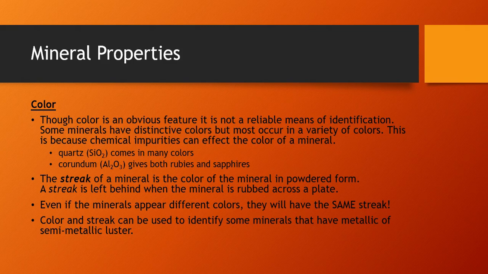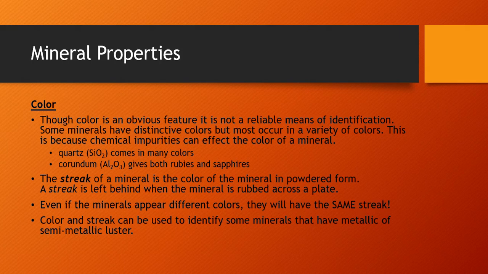For example, if you've ever seen quartz at the geode store, quartz is still silicon dioxide, essentially, SiO2, and it comes in all sorts of different colors. Corundum, which is aluminum oxide, is the same mineral that makes up rubies and sapphires. And those two things are very different colors. And it comes from chemical impurities inside of those particular minerals that give it that particular color.